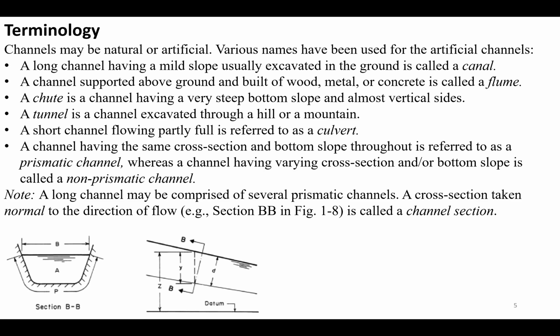So some terminology which is very important in open channel flow. A channel may be natural or artificial, you know already. Artificial channels we use for irrigation purposes, like canals and small channels, or also for experimental work, where we use artificial channels made of glass, wood, concrete or metal.